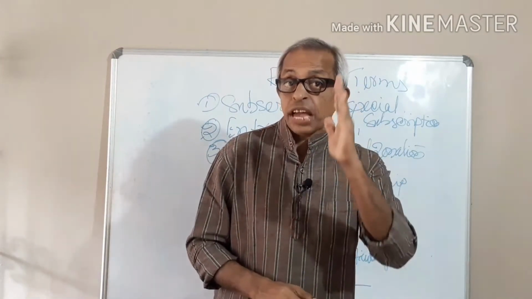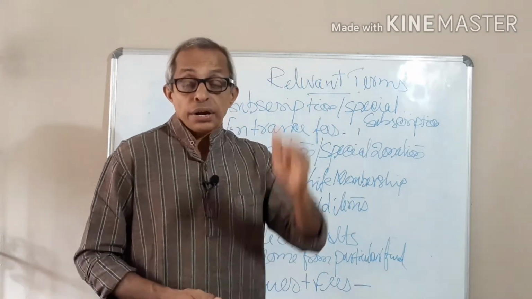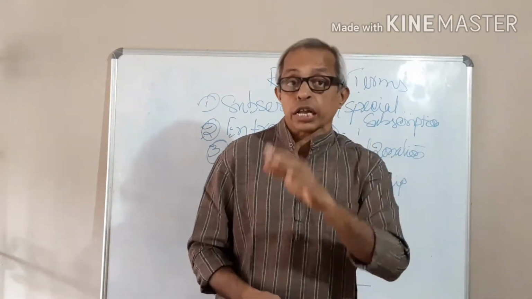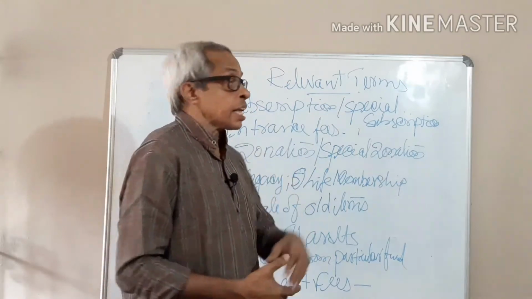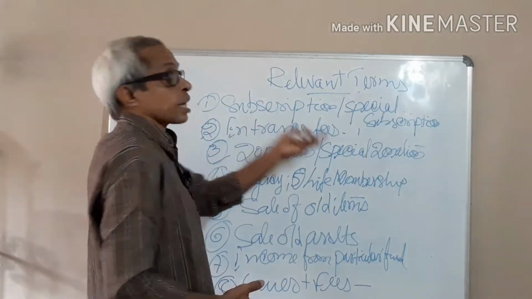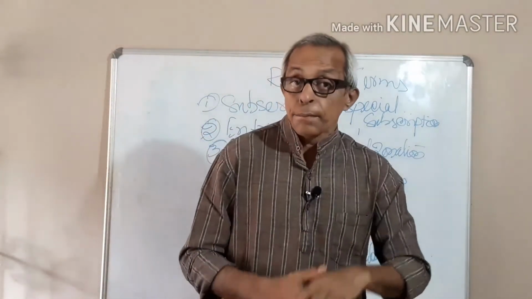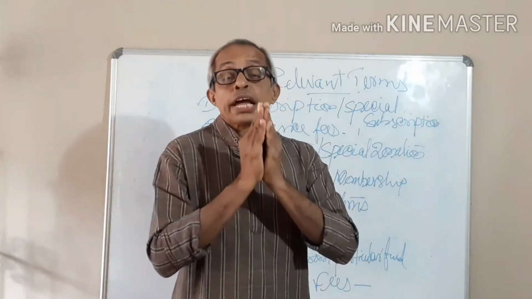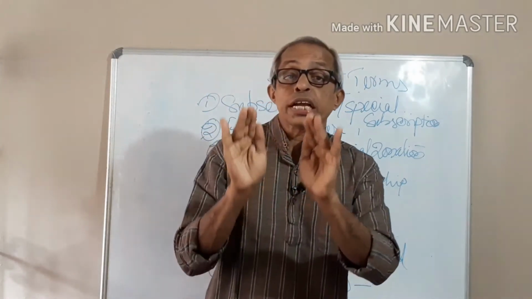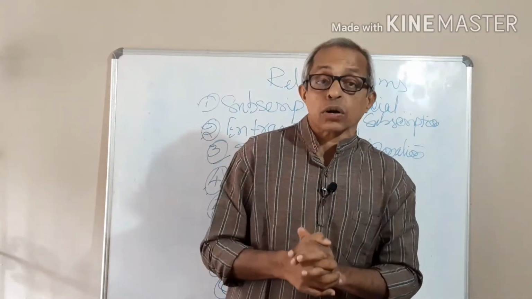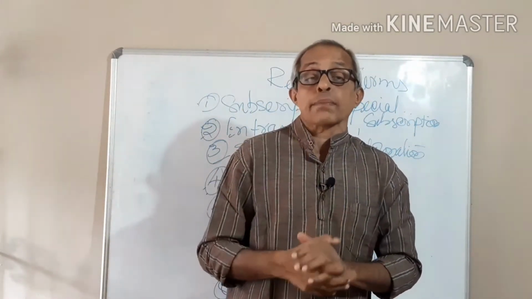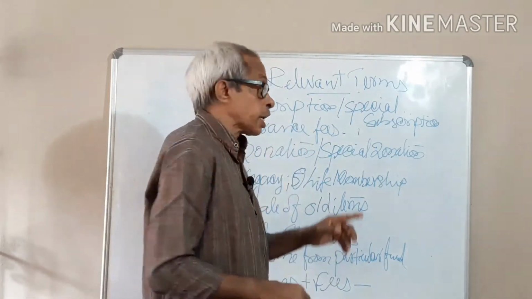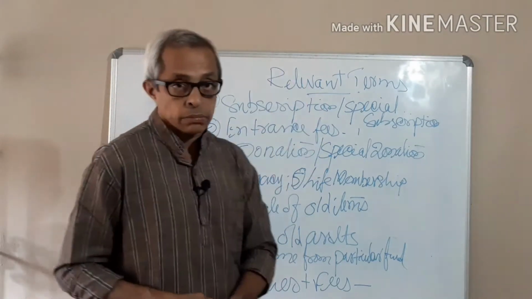But if that non-trading concern does not admit persons as members regularly or on yearly basis, then the amount collected as the entrance fees may not be shown as income. Therefore, entrance fees will not be shown on the credit side of income and expenditure account, that is income side of income and expenditure account. Instead, that amount may be shown on the liability side of the balance sheet.